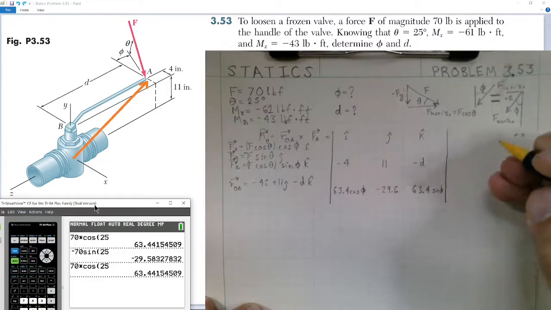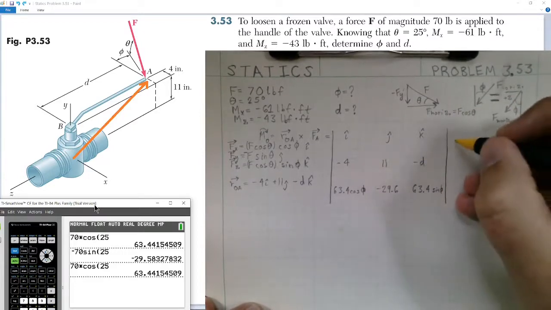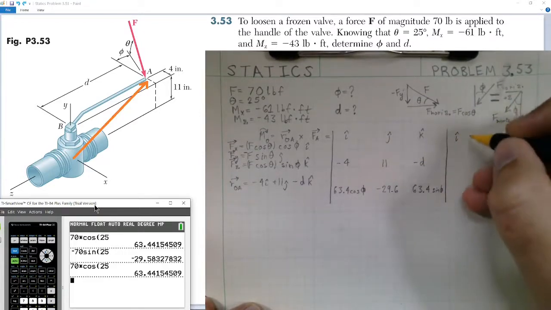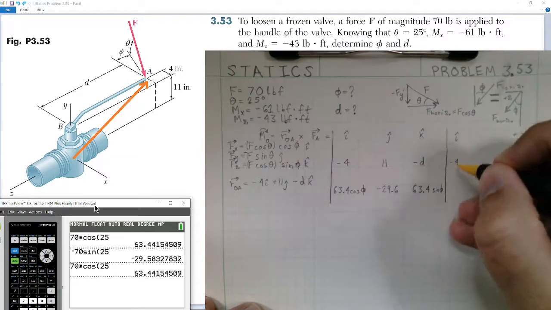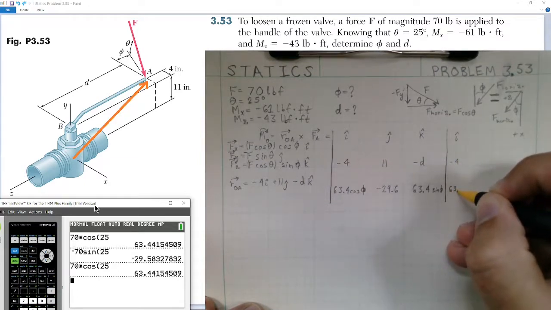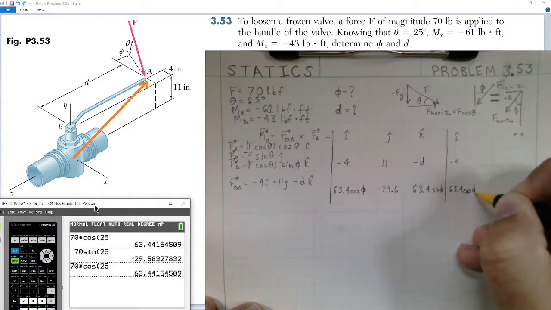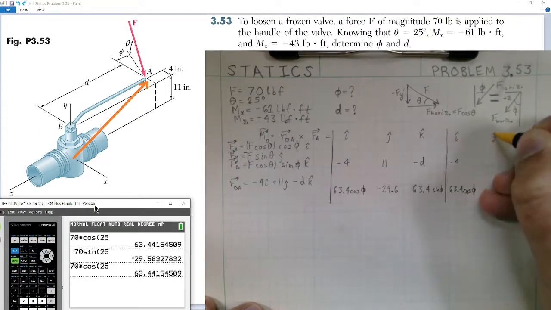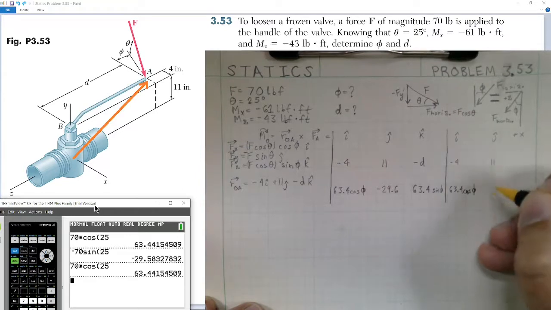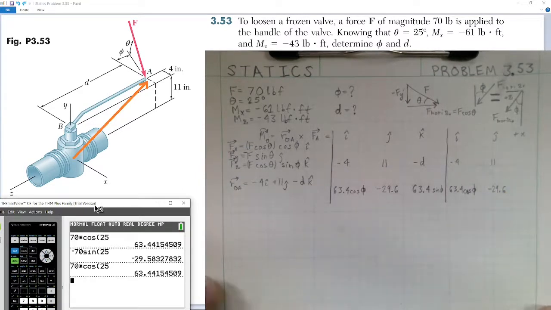To find the determinant, we're going to copy down the first two columns. So i hat -4, 63.4 cosine of angle phi, and then j hat 11, -29.6. Okay.